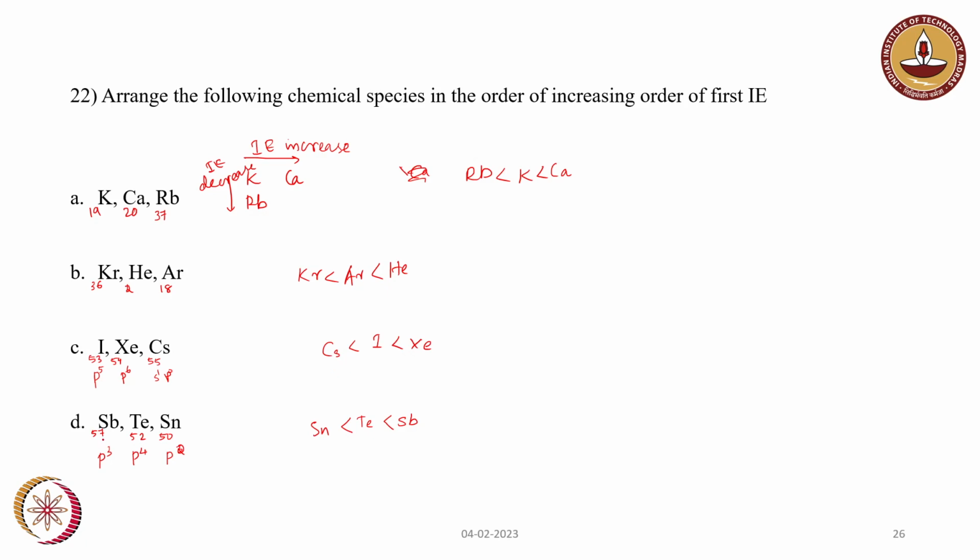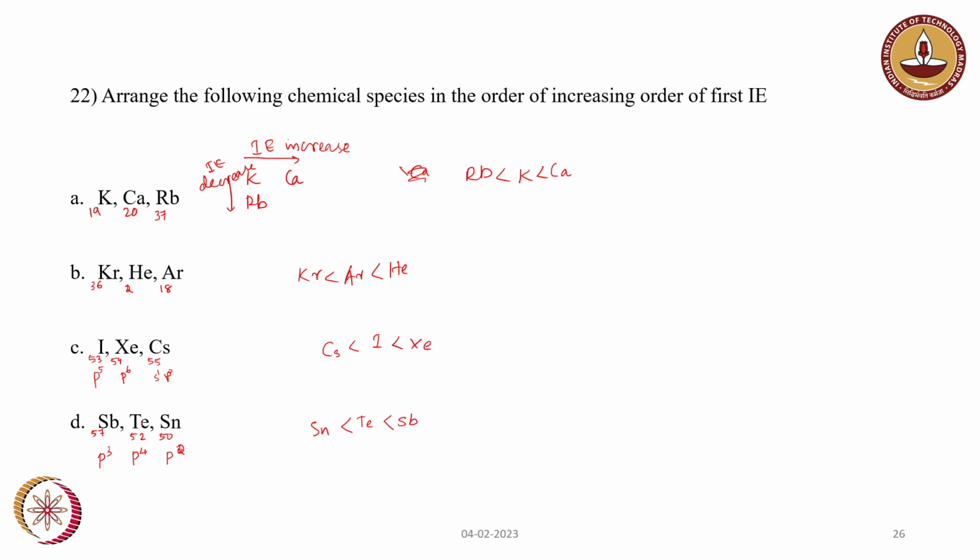And next one is tin, antimony, and tellurium. Antimony has a p3 configuration, so it is half-filled stable, so it will have the highest ionization energy.